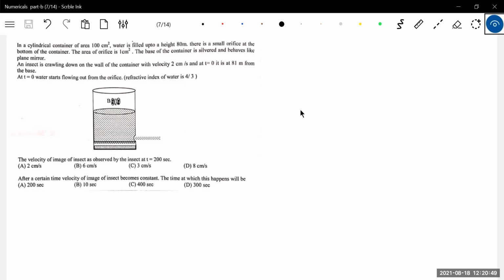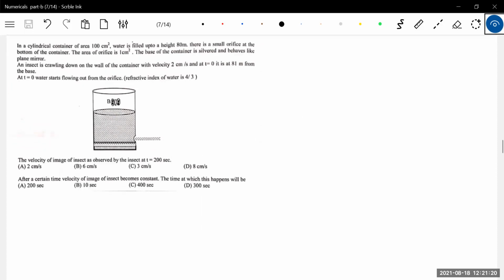The insect anyway has to move with a constant speed. So what is needed at t equal to 200 seconds? What is the level of water in the tank and at what speed the level is falling? Work out, I think some calculations are needed.